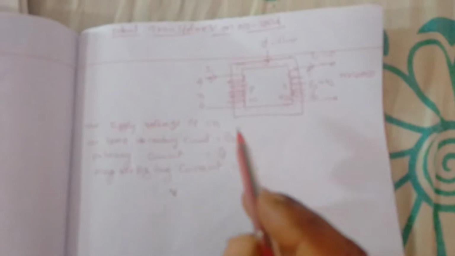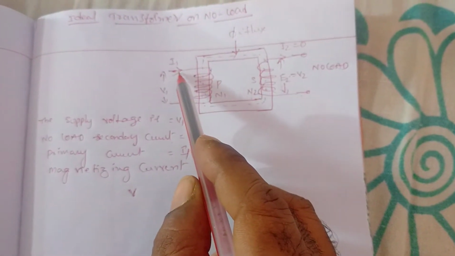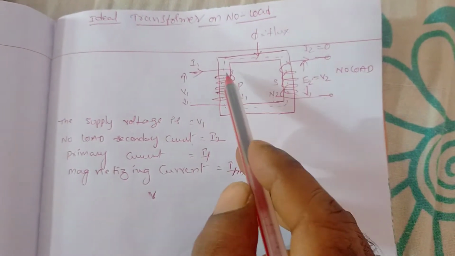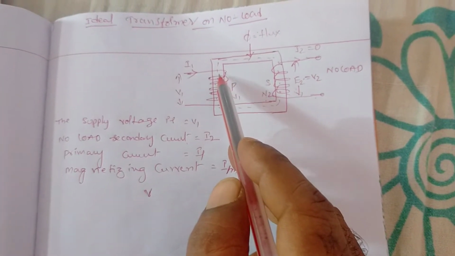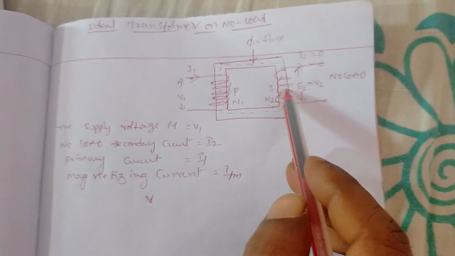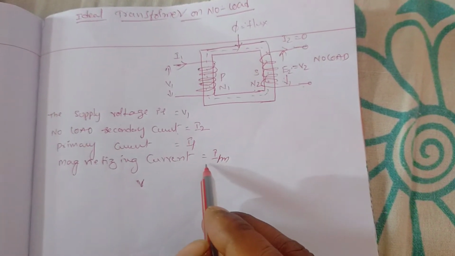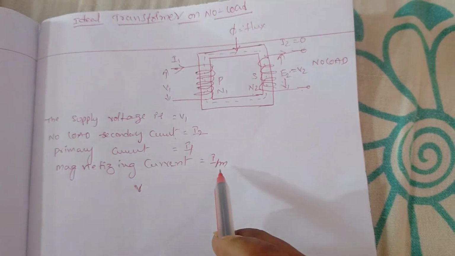And we know that in an ideal transformer, whenever this voltage is applied, the current I1 flows and flux phi is created. So this is the minimum amount of flux created to produce EMF on the secondary side. That minimum current is nothing but the magnetizing current IM.